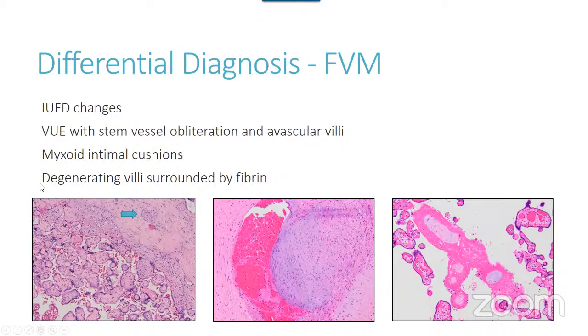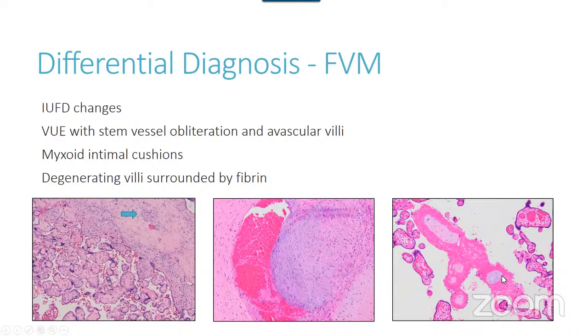And then finally, another thing to think about is sometimes you see these degenerating looking villi that are surrounded by fibrin, and you might wonder if these are avascular villi. These are not avascular villi. As you can see, the stroma is more bluish. It doesn't have that pink hyalinized appearance that you see in avascular villi. You have loss of the syncytial trophoblast.